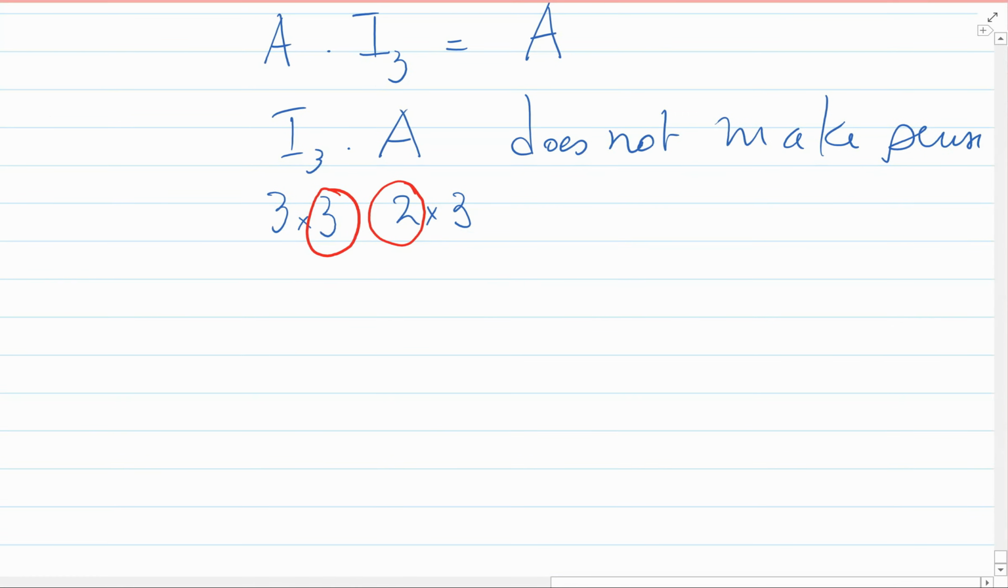Next I want to talk about something in perspective of what we did before with the row echelon form and reduced row echelon form. Here we have a beautiful result.